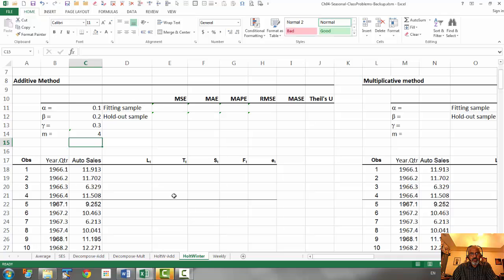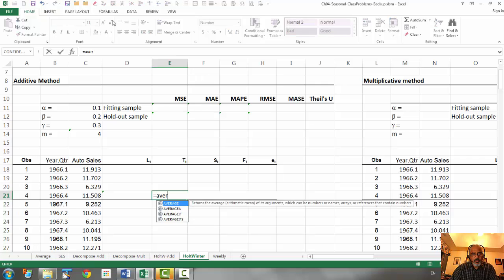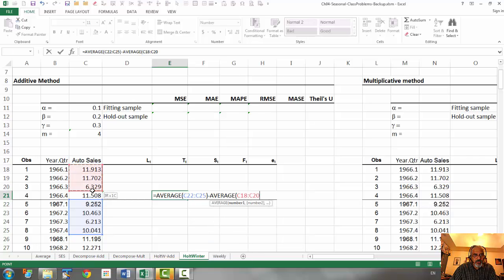Okay, so now the initial values. We start with T sub t. Here we average the second full cycle minus the average of the first full cycle. That would be how much the trend has increased by over one full cycle.